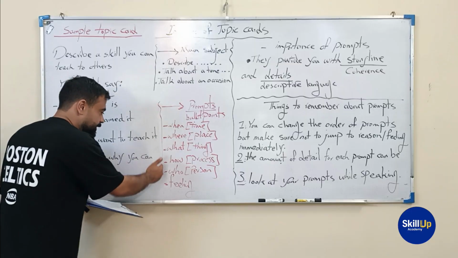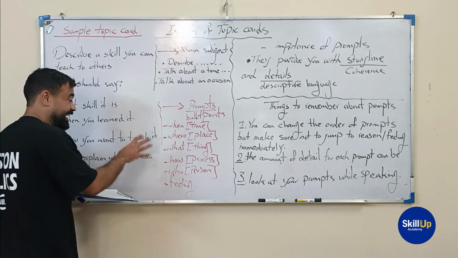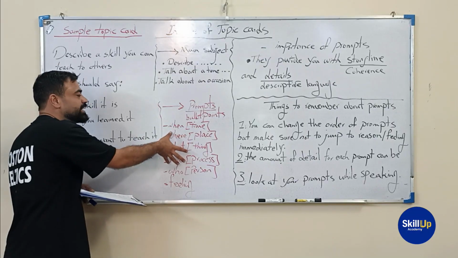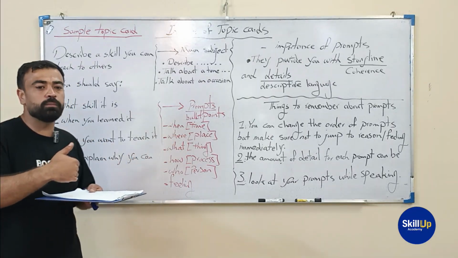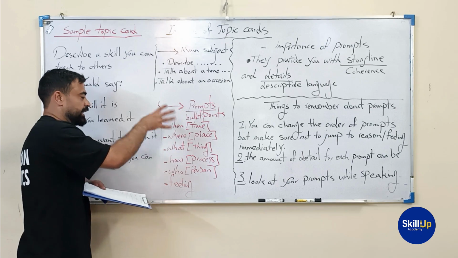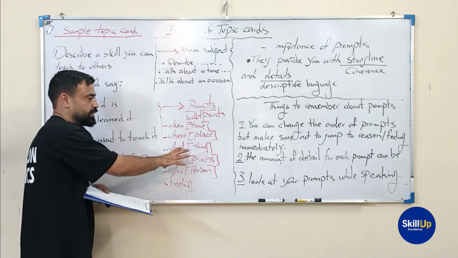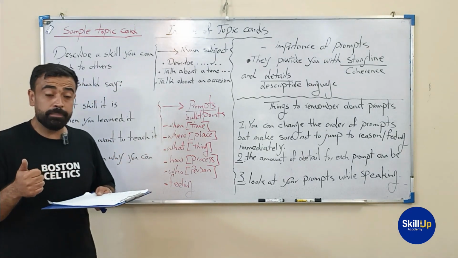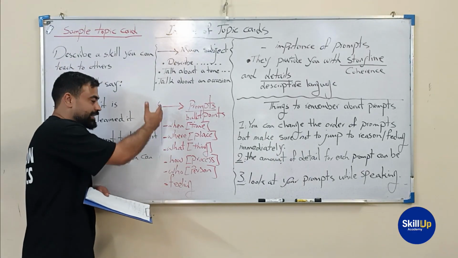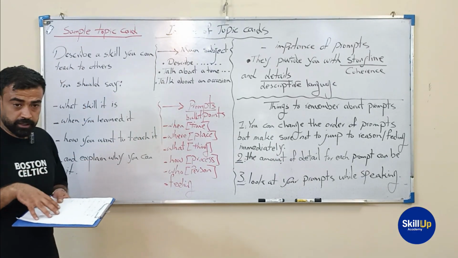And when we look at them carefully, we can understand this is what we need in order to fill these 2 minutes. If you ignore these prompts, if you forget to mention them, first of all, you will be confused because without them, creating a storyline would be very difficult.